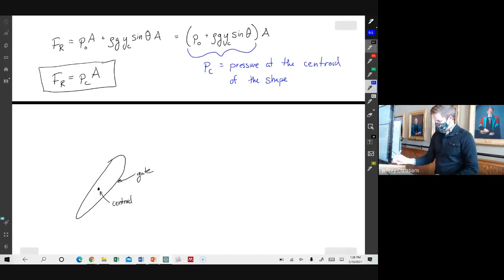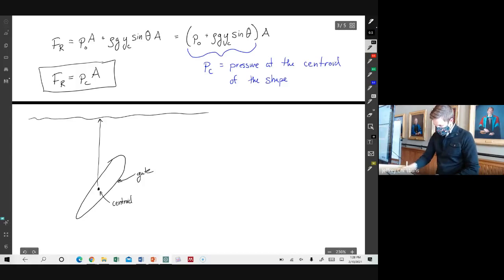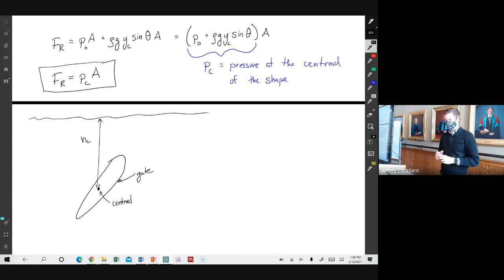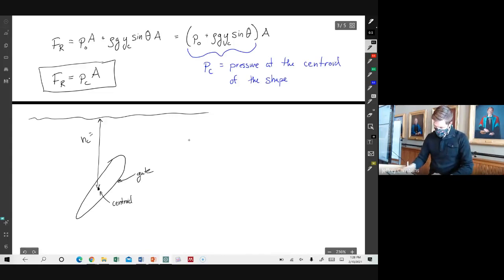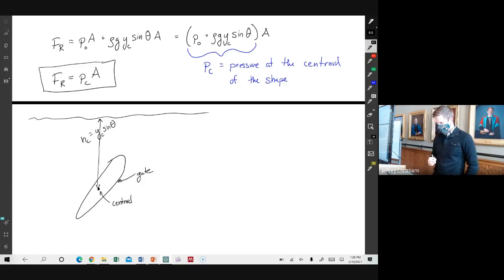So here's the water. That is what we would call HC, the depth underwater of the centroid. That's YC sine theta. Again, I guess we would have our axes up here, so that's y, x, z.